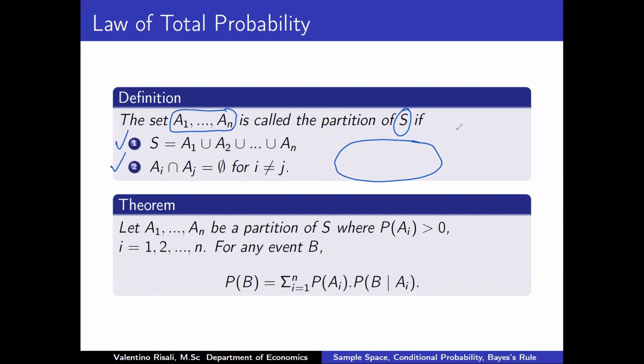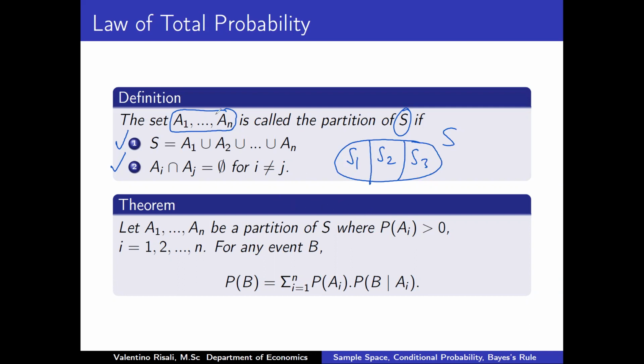It is S, and then we divide S into three parts, S1, S2, and S3. It is clear that if we add all of them, it produces S. So the first rule is obtained, and every two different parts are disjoint, like this.